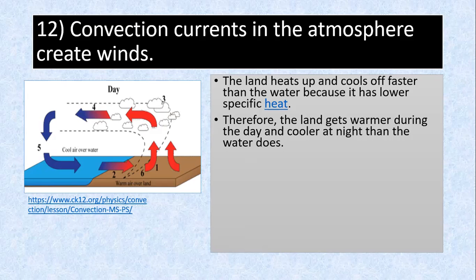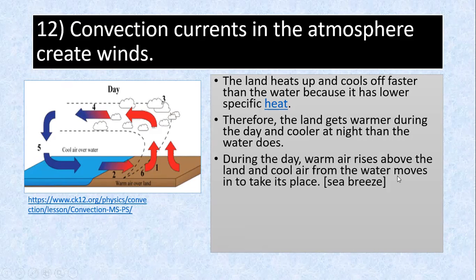At night, it's the other way around. At night, the land cools faster. During the day, it heats up faster, so the hot air, less dense, moves up. And then the cold air from the sea or ocean moves in and comes down. So there's a calculation. We got the sea breeze.